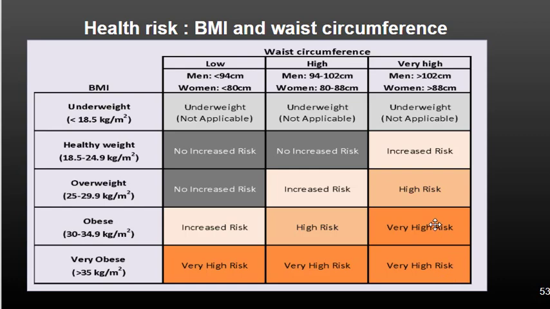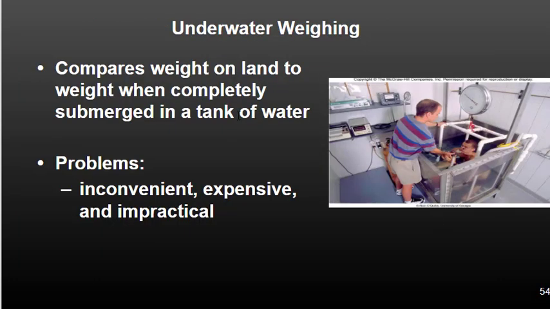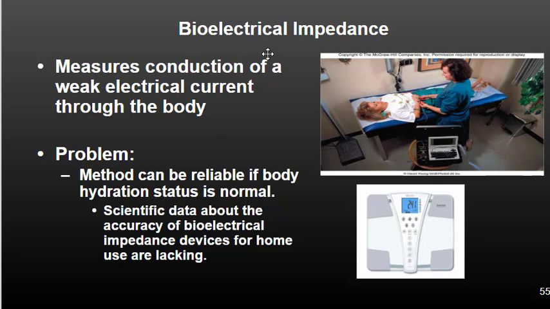Okay, some other methods that can be used to determine body composition would be things such as underwater weighing. The main problem is it's quite inconvenient and quite expensive to actually do. Another method is bioelectrical impedance. In this, it sends out a very small electrical pulse through the body, and then the software can work out your body composition.